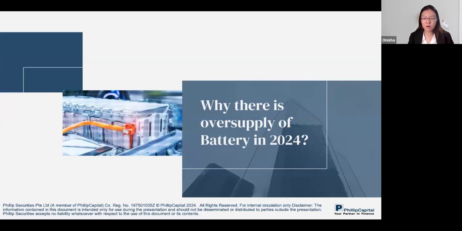Supply rose while demand remained constant, so prices would fall because battery manufacturers increased their production quite a lot. Downstream players like the distributors and installers are facing high inventories, so they might face possible write-offs, which would give them higher financial risk because of declining prices.